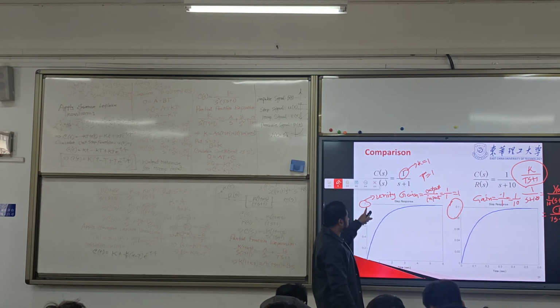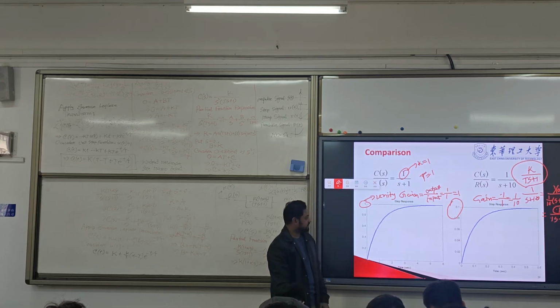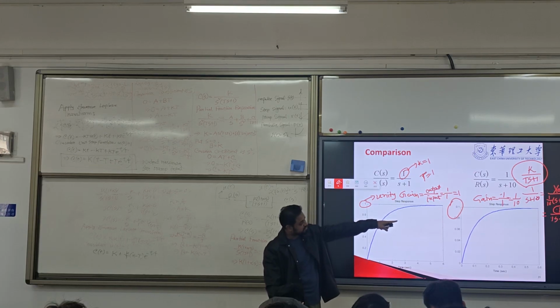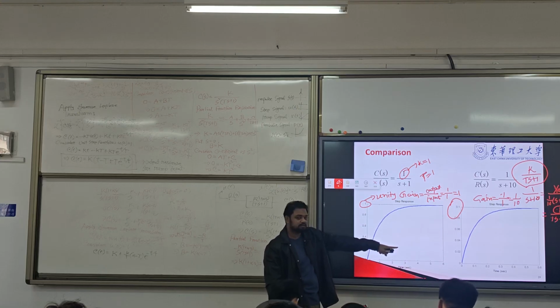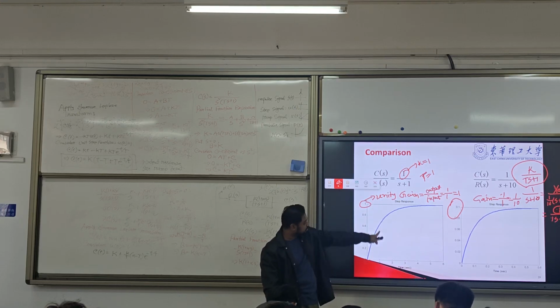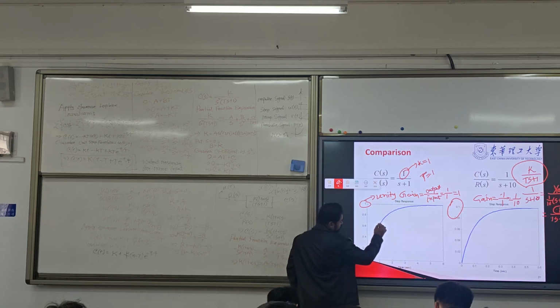Because of that, here the gain will change, and because of that, this time constant will change. T will change. Here the T, what is the T? 0.1. Here the T, what is the T? 1. Look, 63%.